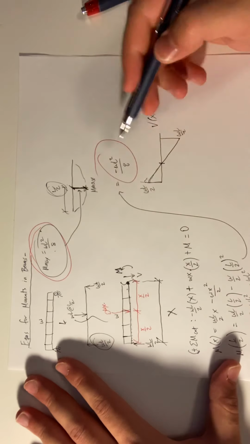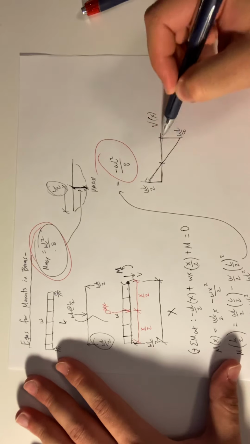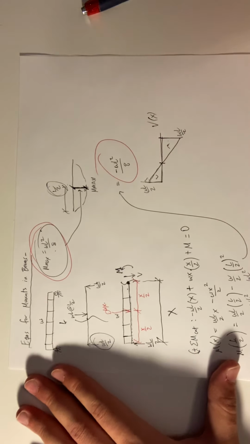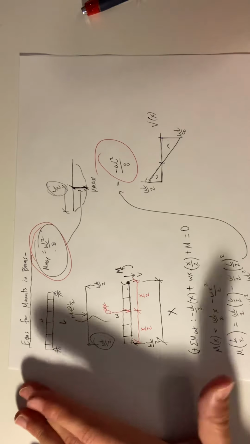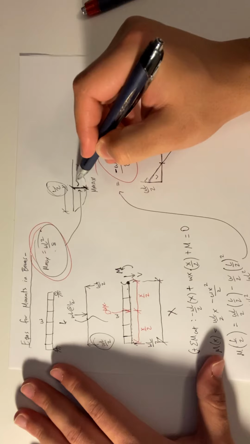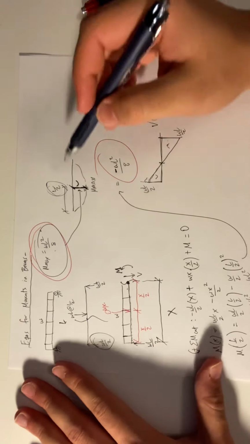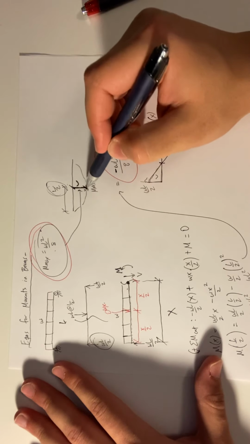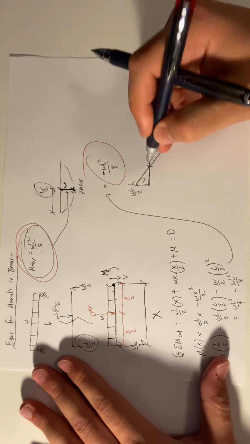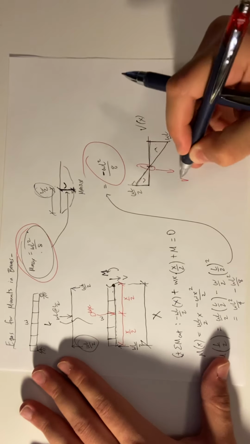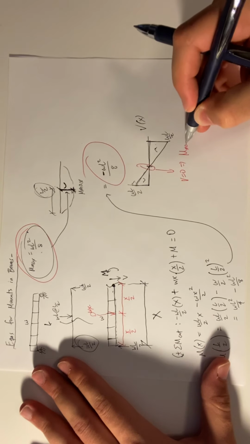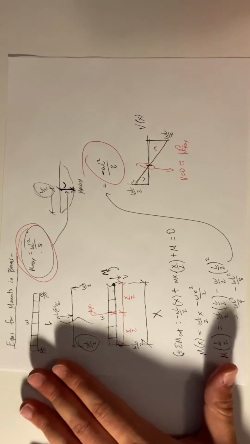The reaction pushes it back up, and that's your shear. Real quick, the reason why this is negative is this is positive bending, and that's the convention. So when your shear is equal to 0, you know that your moment is at a max.